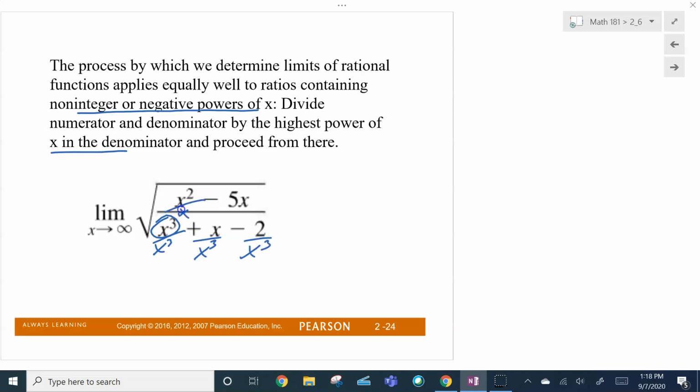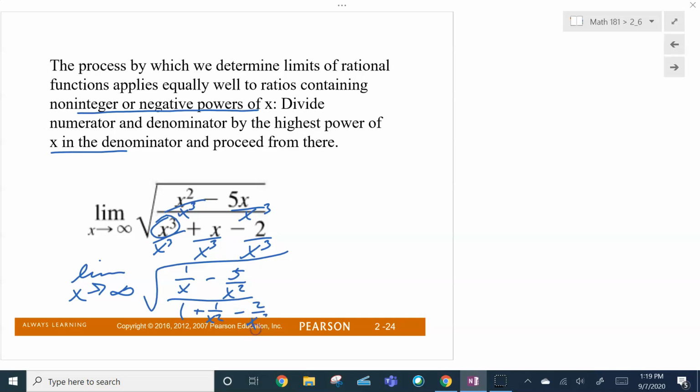So each of these by x cubed. Same thing on the top. I got to do it to the top. So there's a limit x goes to infinity of 1 over x minus 5 over x squared, over 1 plus 1 over x squared minus 2 over x cubed. Okay.